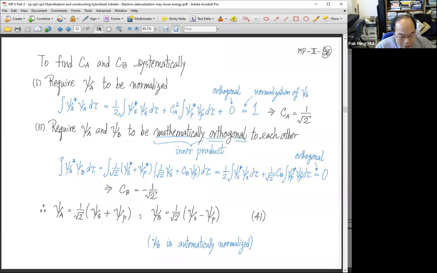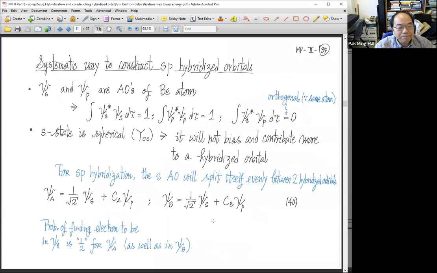So we require this to be 0. We solve for the first one. There's an unknown for the second one. Multiply everything out, you have an unknown. Orthogonal, therefore you solve it for this one. Therefore, you have the second sp hybridized one. Okay? So let me summarize. Whatever you do, next time we will do sp2 and sp3. We can follow this systematic construction to form the best linear combination.